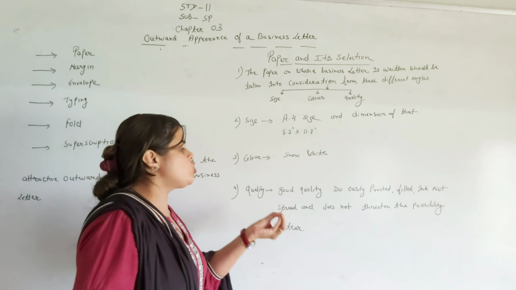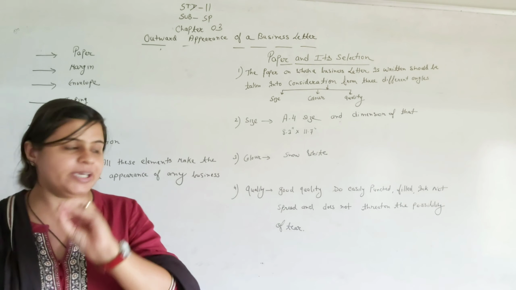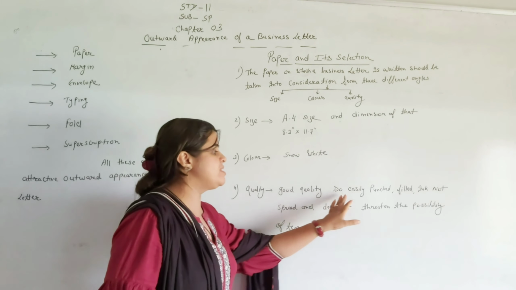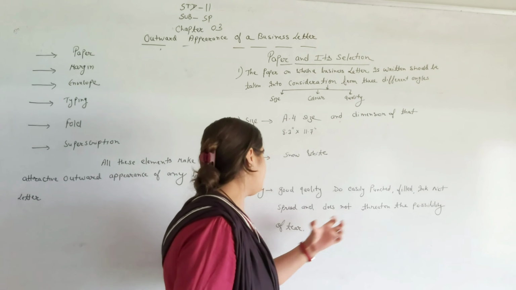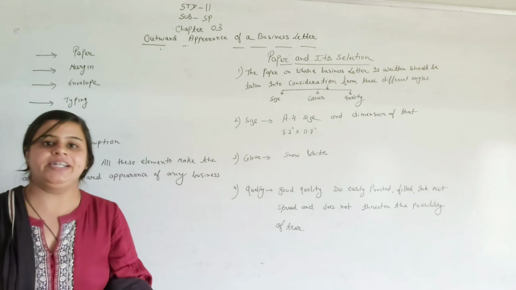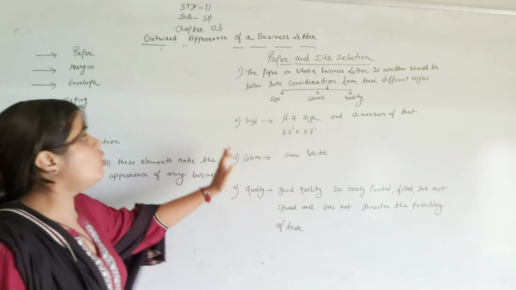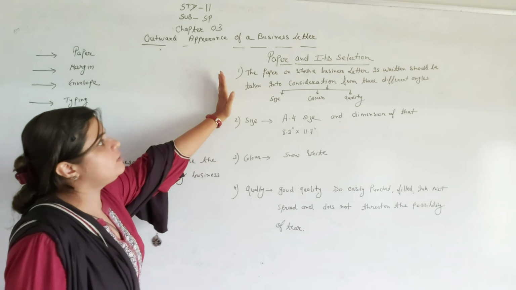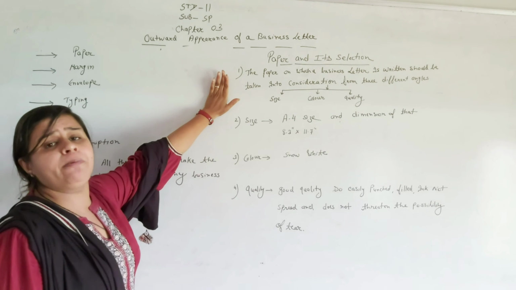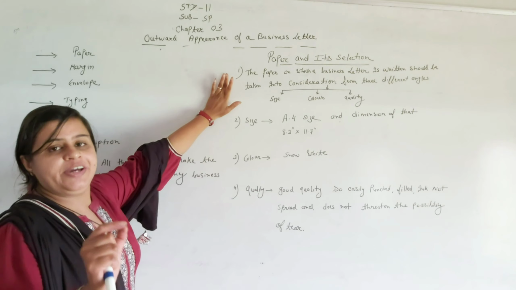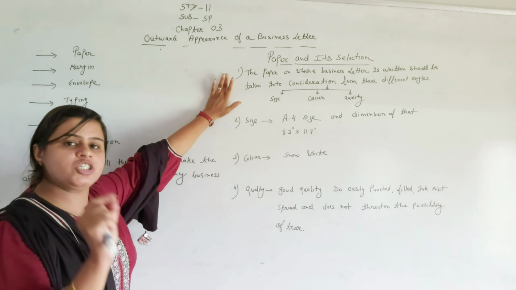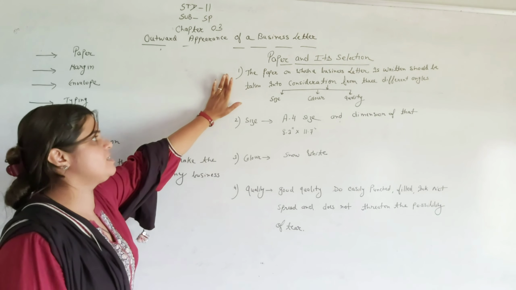So the paper should be thick and of good quality: easily punched and filed, ink not spreading, and no possibility of tearing. When you are writing a business letter, your paper selection must be made wisely.